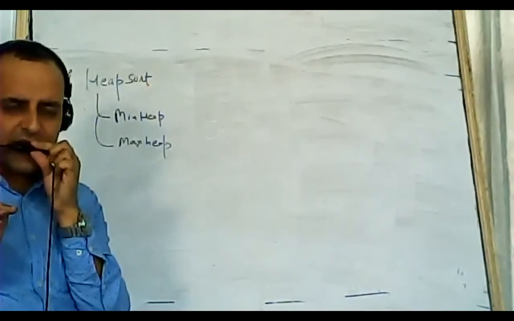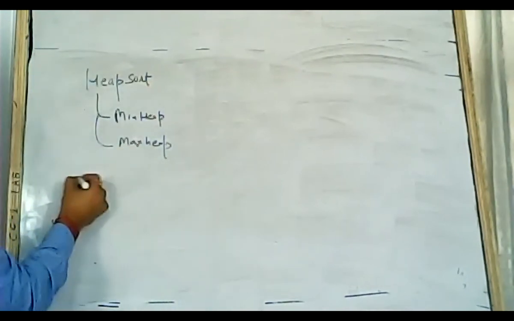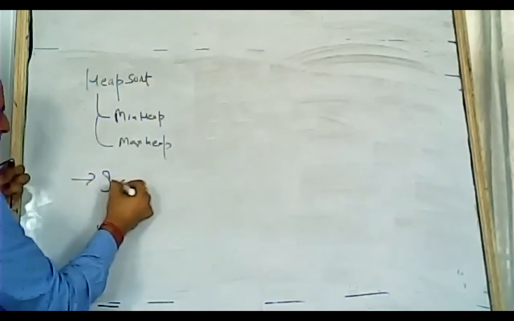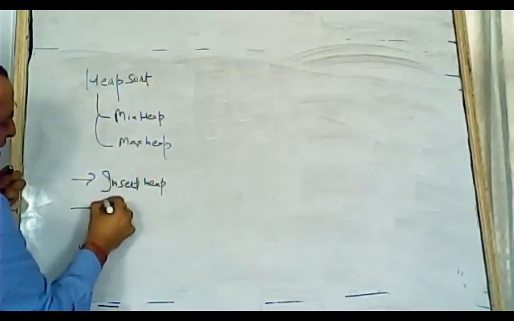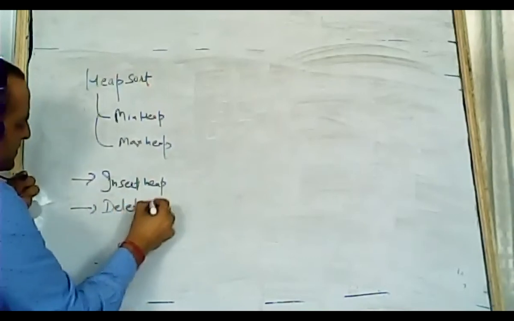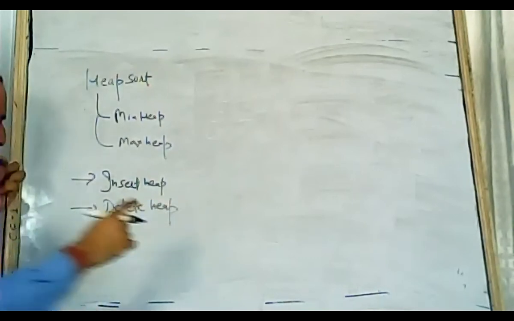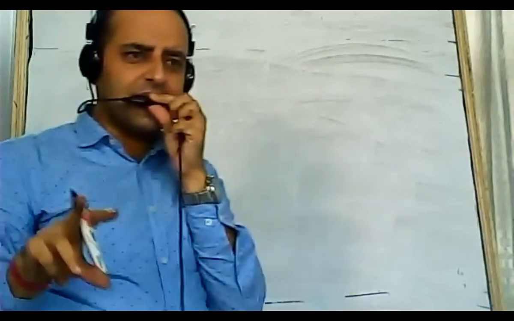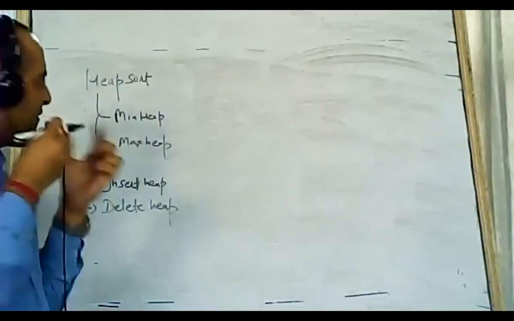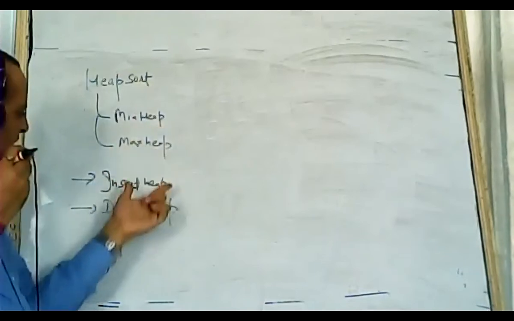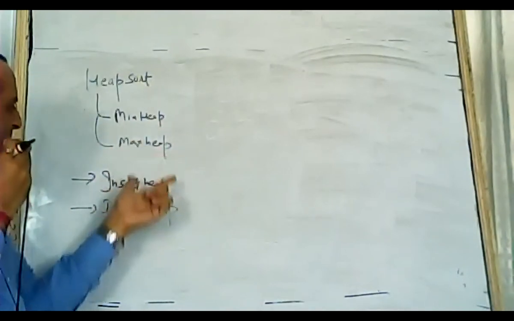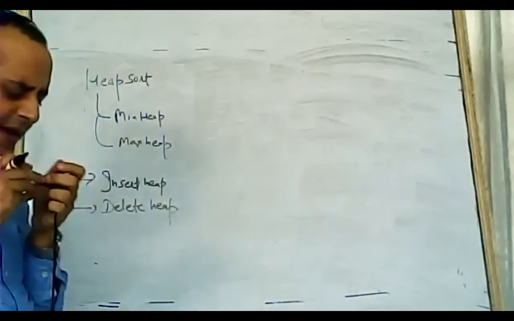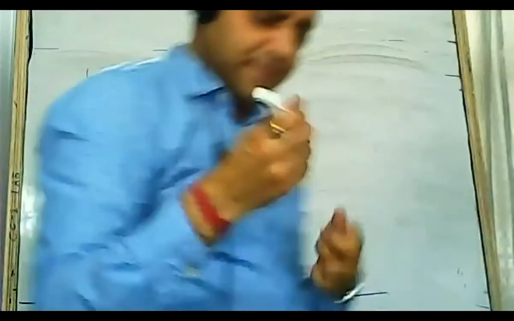Heap sort is a combination of two processes: insert heap and delete heap. Whether you go for min heap or max heap, each will have two processes, insert heap and delete heap. Is it clear?